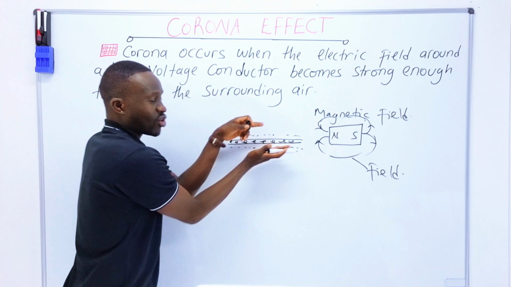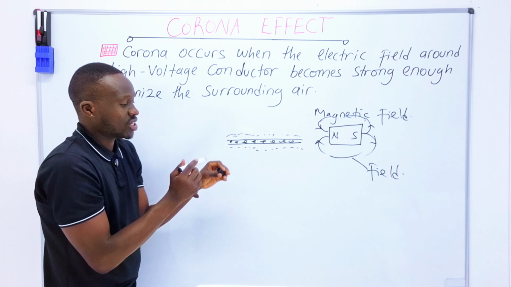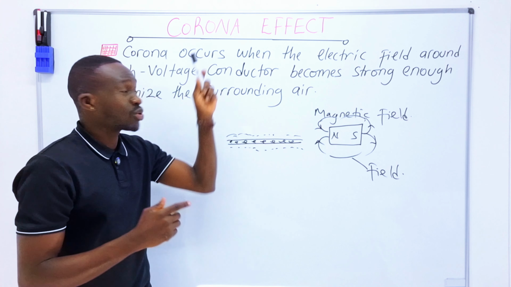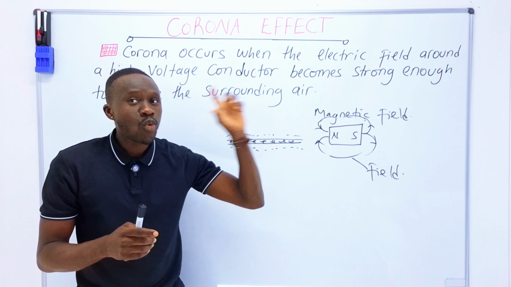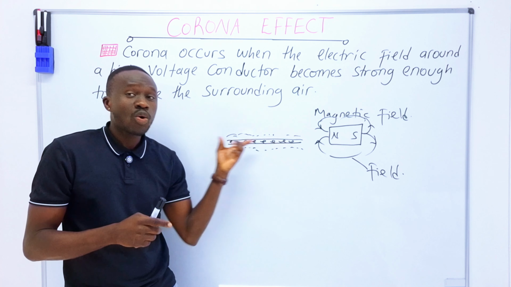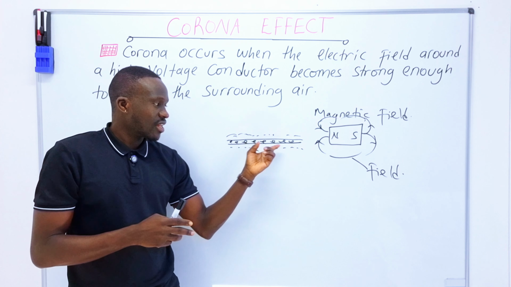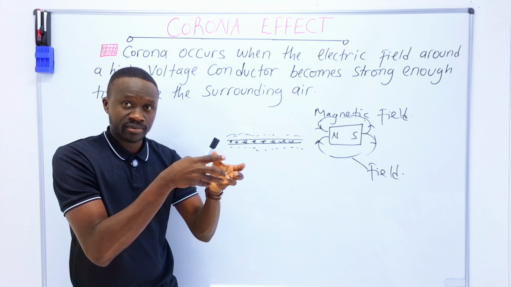The effect of this electricity passing through the cable is the field we are talking about. That's why we call it electric field. And our topic here is going to concentrate on what happens on the high voltage electrical lines when they are carrying high voltage.